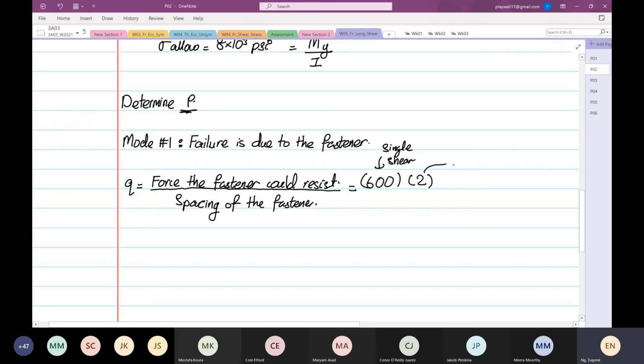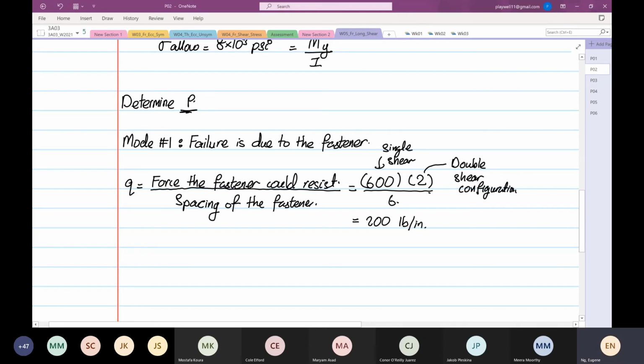This is because it's under double shear configuration. Then we divide by the spacing, which is equal to 6 inches. So we get 600 times 2 divided by 6, equal to 200 pounds per inch.